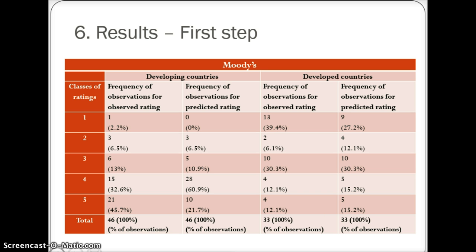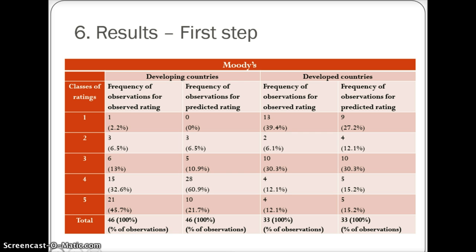Moreover, for Moody's and for developing countries, you can observe that there are fewer countries in class 5 and more countries in class 4 with our model than observed in reality. For developed countries, there are fewer countries in class 1 and more countries in class 2 with our model compared to reality.